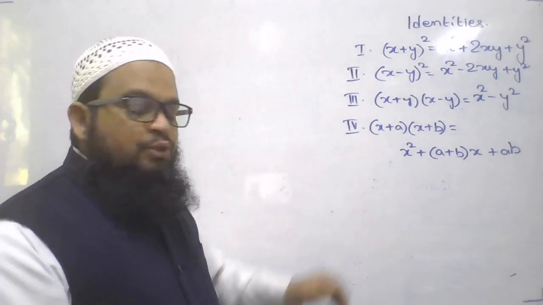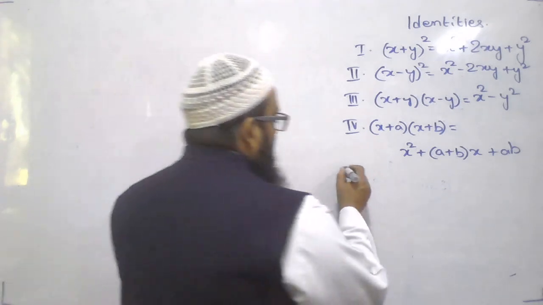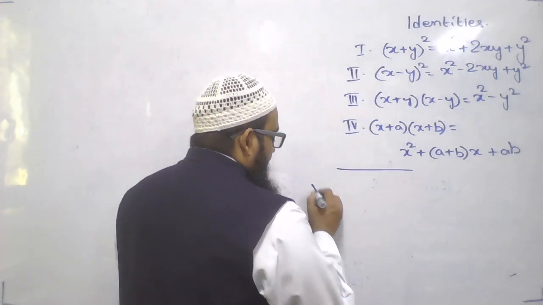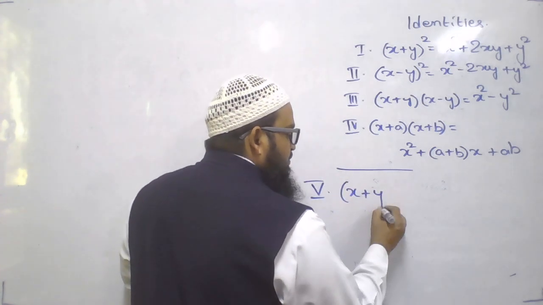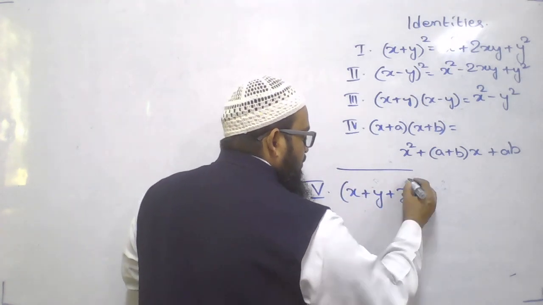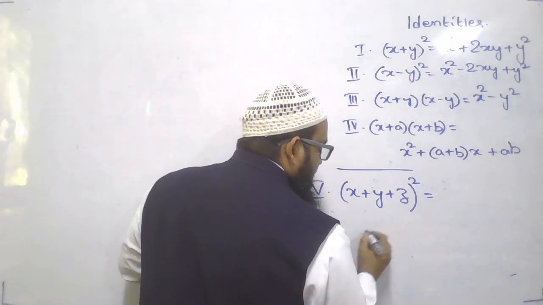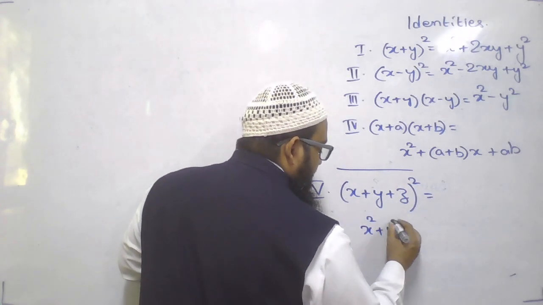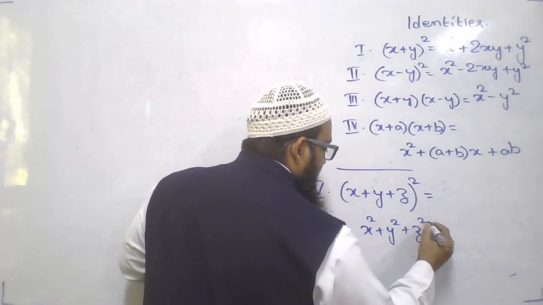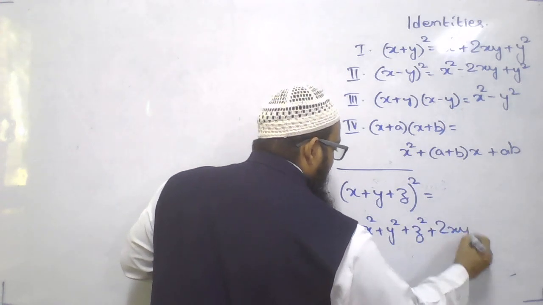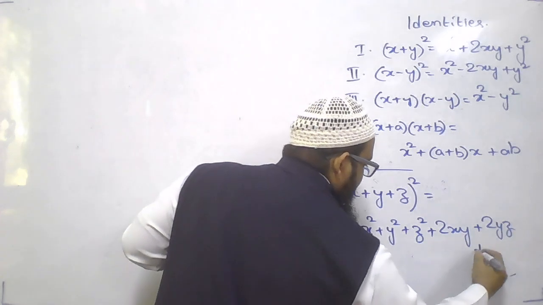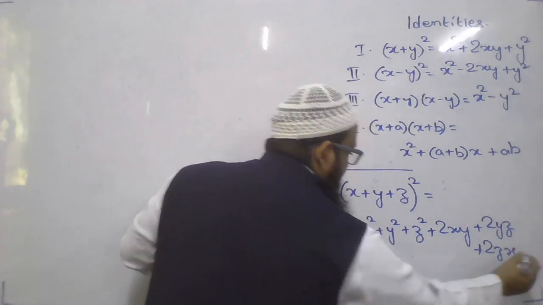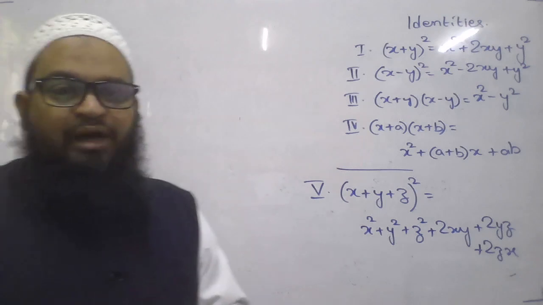In this process, we have learned the fifth identity, a new identity, which consists of three terms: (x plus y plus z) whole square equals x square plus y square plus z square plus 2xy plus 2yz plus 2zx. We have seen it.